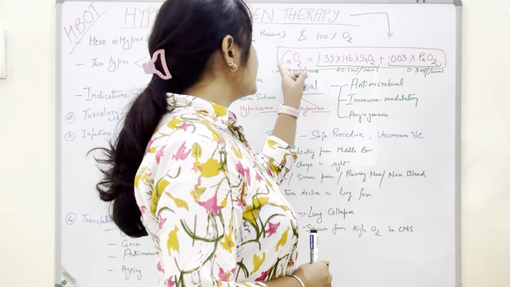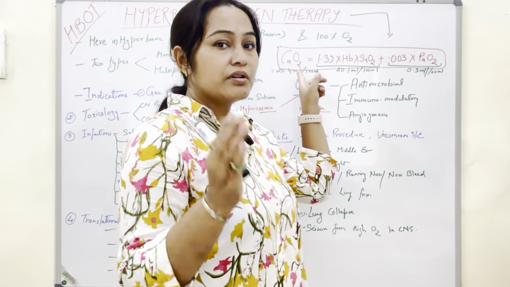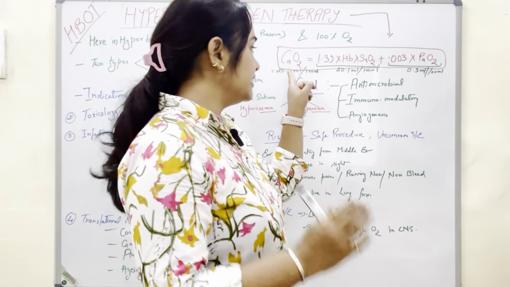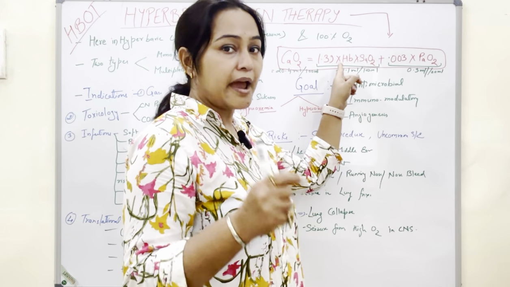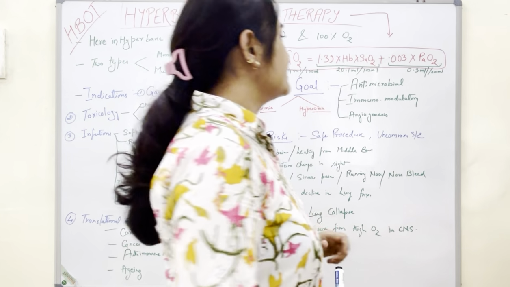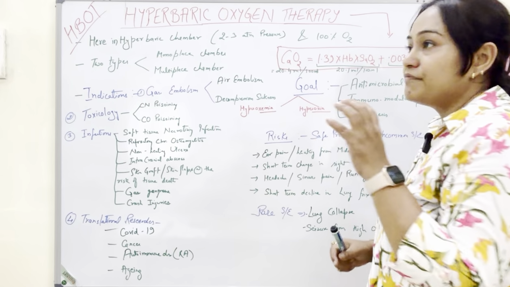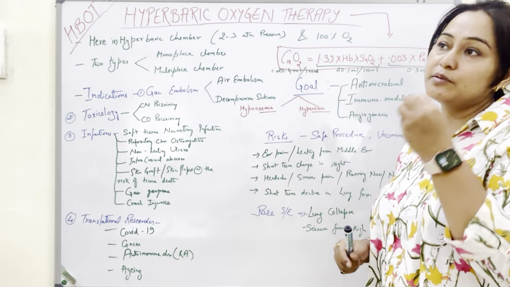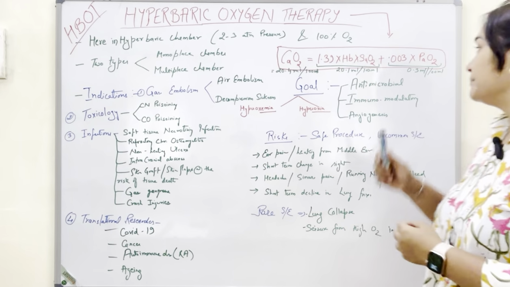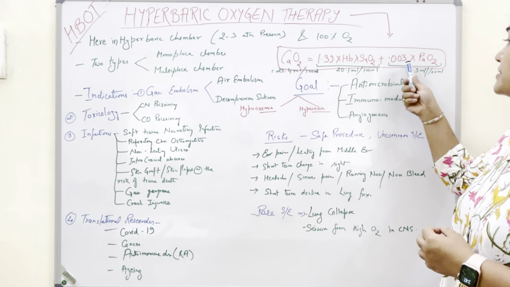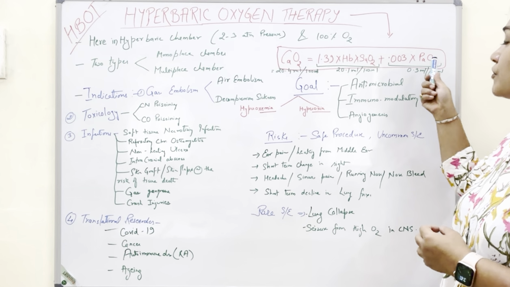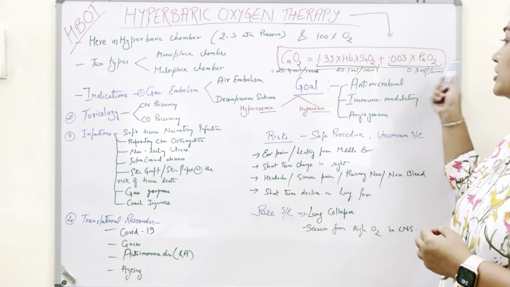So the formula is CaO2, the total amount of oxygen carried by arterial blood, equals 1.39 times hemoglobin in grams per deciliter, times SaO2, the saturation of the hemoglobin that is bound to oxygen, plus 0.003 times the partial pressure of oxygen, denoted by PaO2.